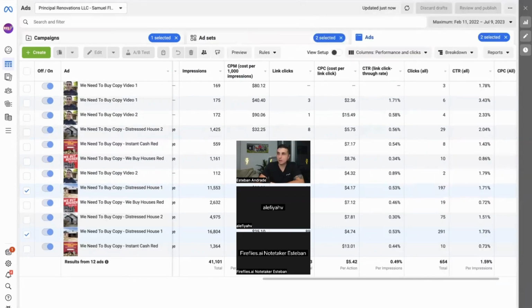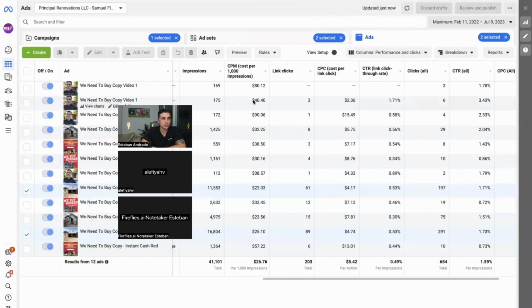But in here, that's something that you've got to understand, that CPM is something that you want to stay healthy, not as high as possible, because it actually reflects on every single metric out there. So CPM, make sure that you leave it at a healthy cost.